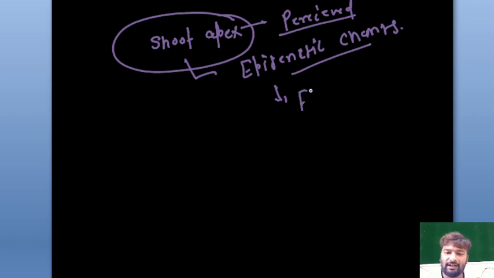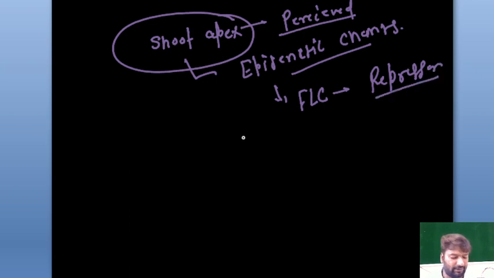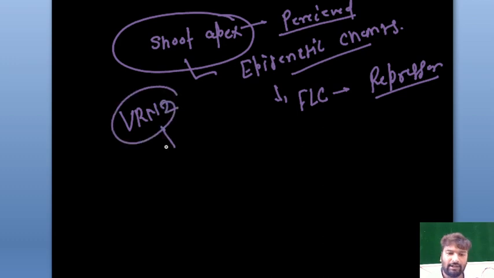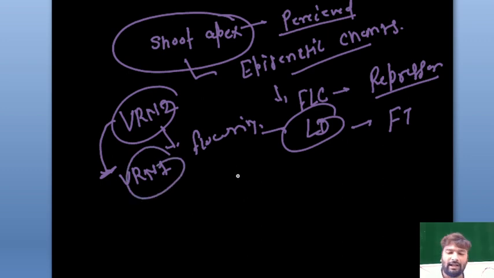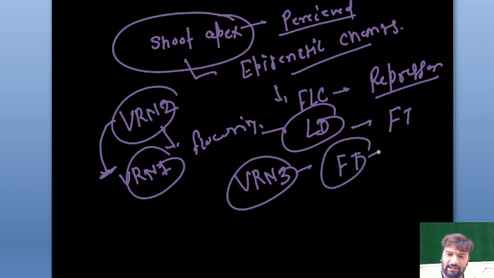The FLC gene acts as a repressor of flowering. Then VRN2 represses the flowering under long day condition by inhibiting FT genes, and is also inhibited by VRN1 and 3, equivalent to flowering locus T in Arabidopsis.